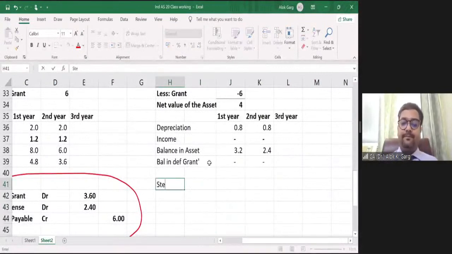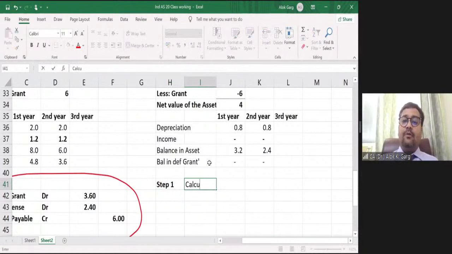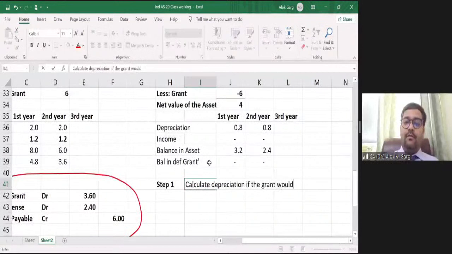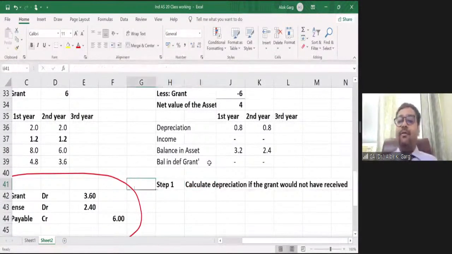First step, calculate depreciation if the grant would not have received. So if the grant would not have received, then what will be the cost of the asset? What will be the value of the asset?